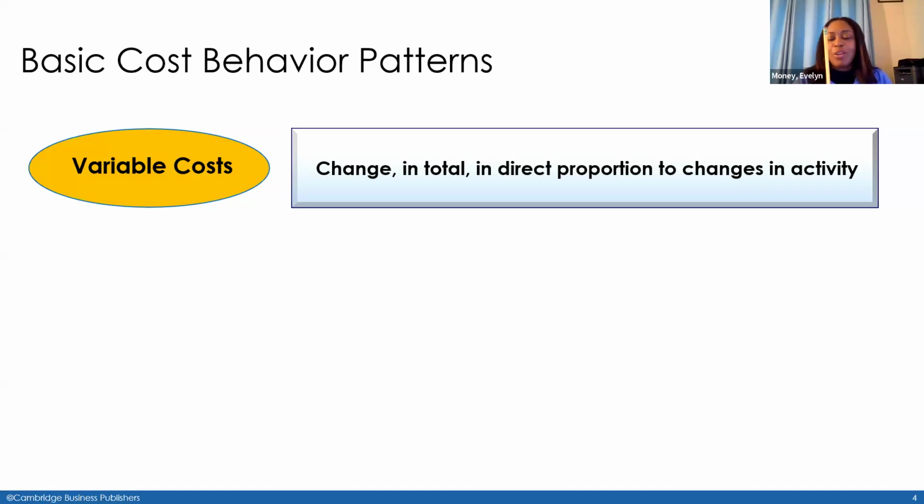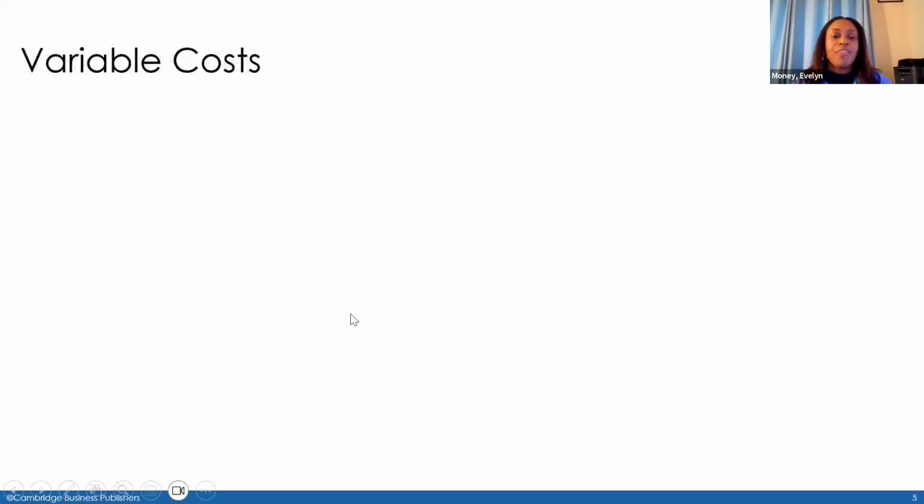We can make it per pound, per square footage. But the cost is $5 per pound. Now, if I order 20 pounds of wood, then that's going to cost me a whole lot more than just 1 pound of wood. So notice that as the pounds change, the pounds is my activity, the total variable costs will change as well. So variable costs in total change with the level of activity.